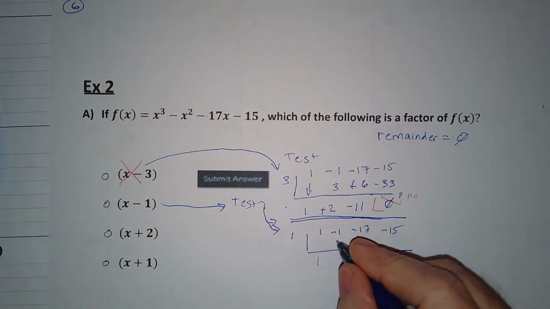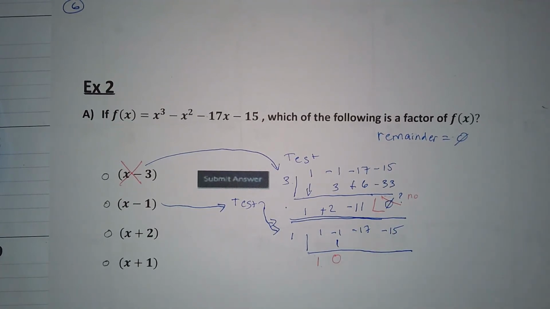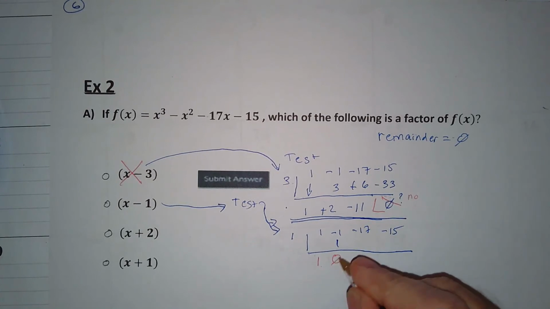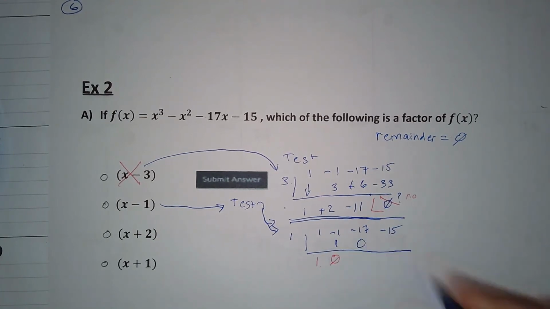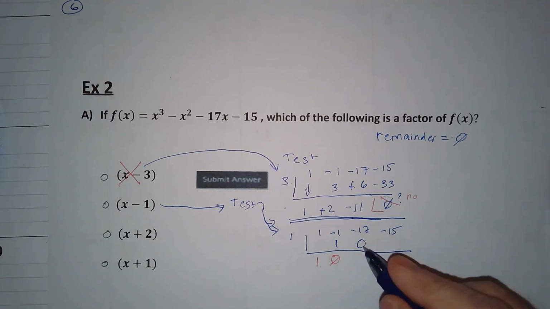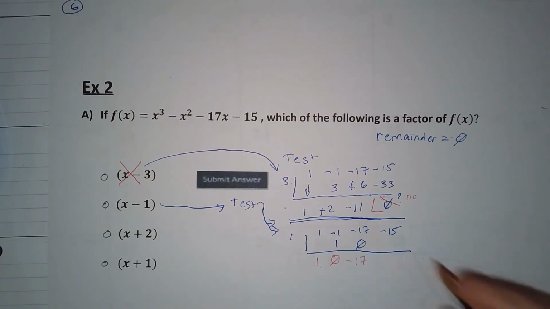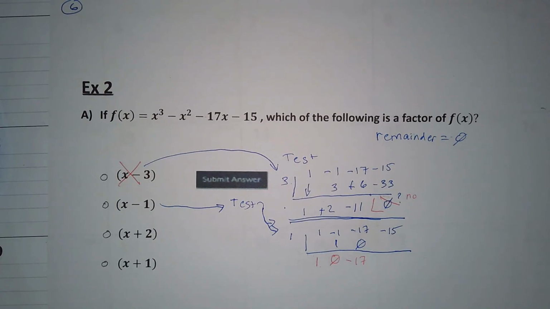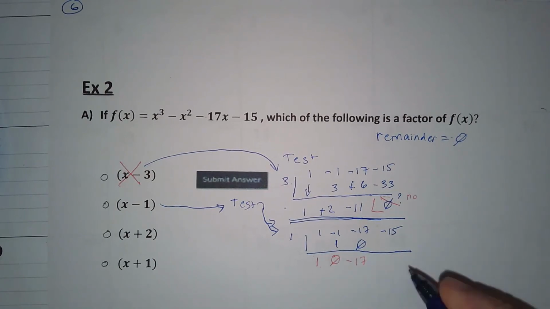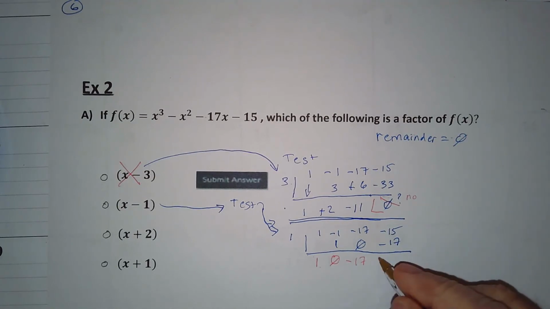So I've got a 1 over here, and 1 and negative 1 is 0, and 1 times 0 obviously is going to have to be 0, and 0 and negative 17 has got to be negative 17, and 1 times negative 17 is negative 17, and obviously again this is not a 0.